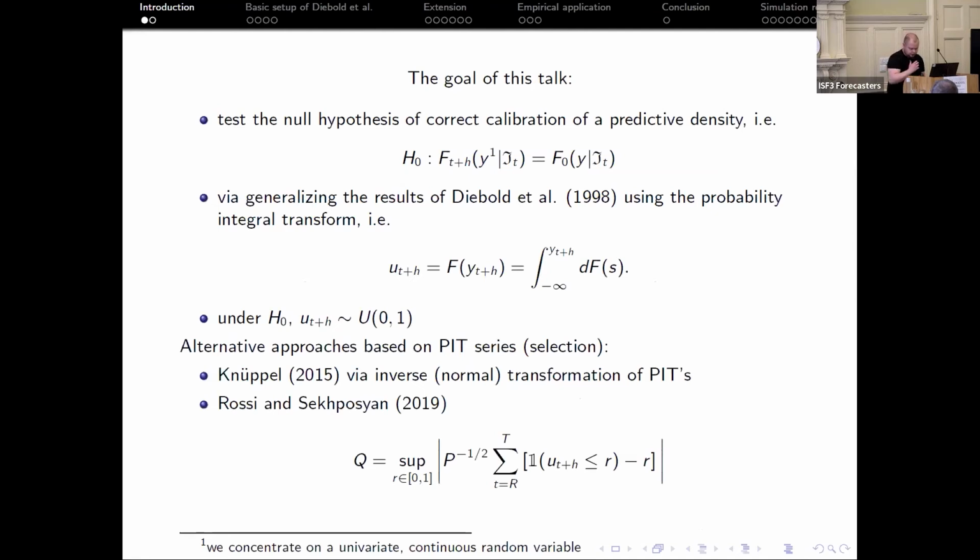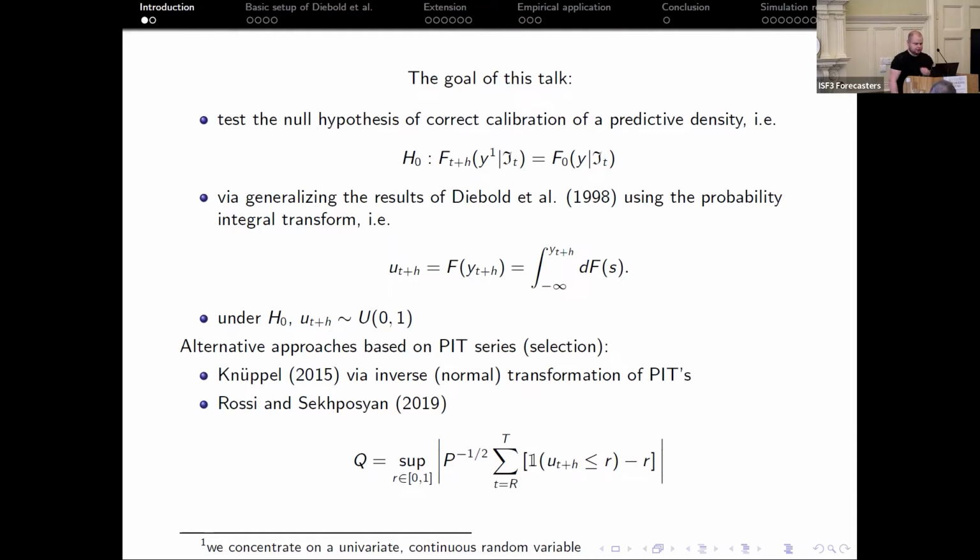All right, so again, what are we going to do? We would like to test whether the predictive density you have estimated really fits the data. And for this, we are going to use a PIT series. So what's a PIT series? That's basically the second equation.